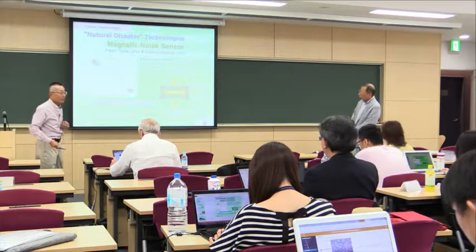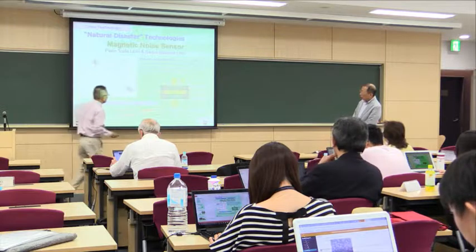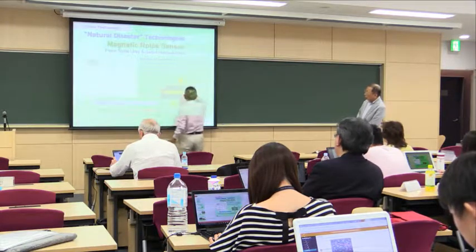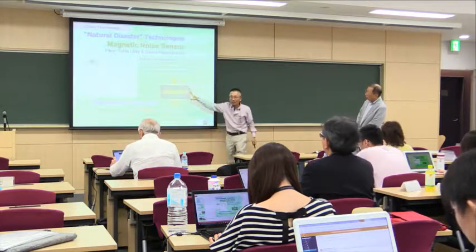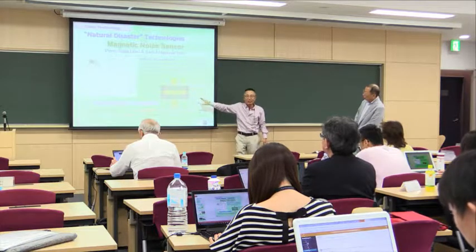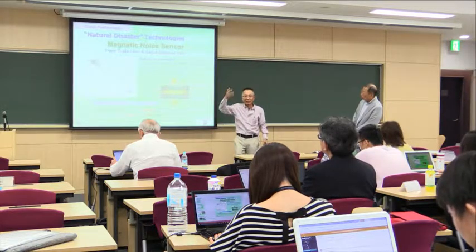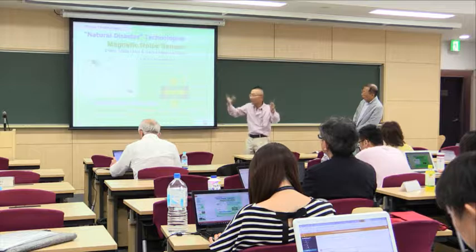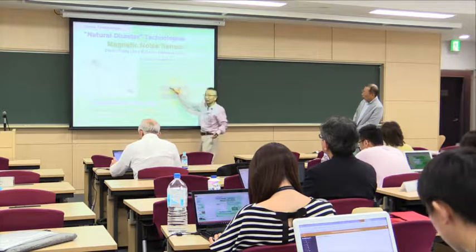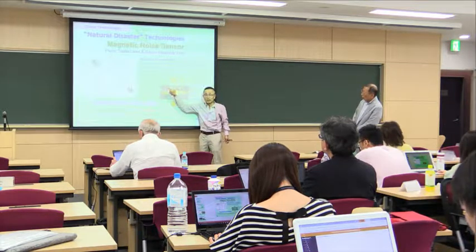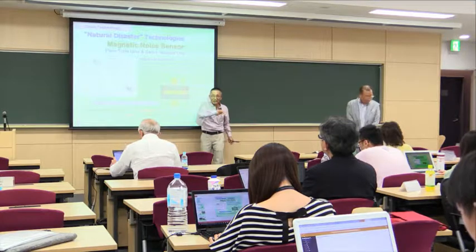Therefore, our Penn State patent is like this. PZT, our piezoelectric material, and Terfenol-D is a magnetostrictive material. When the magnetic field is changing, this Terfenol-D will extend or shrink, magnetostrictive, okay?